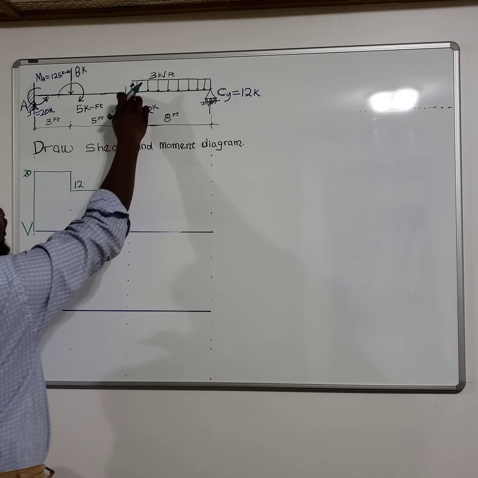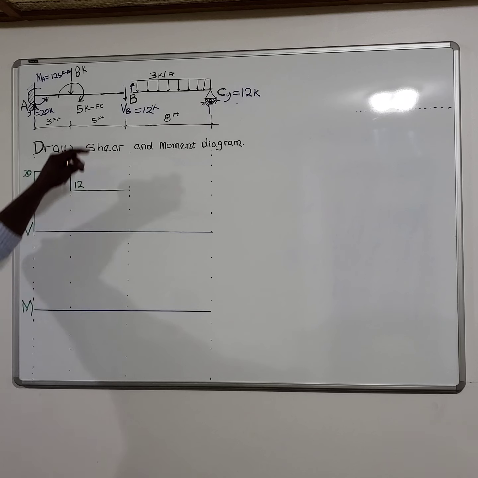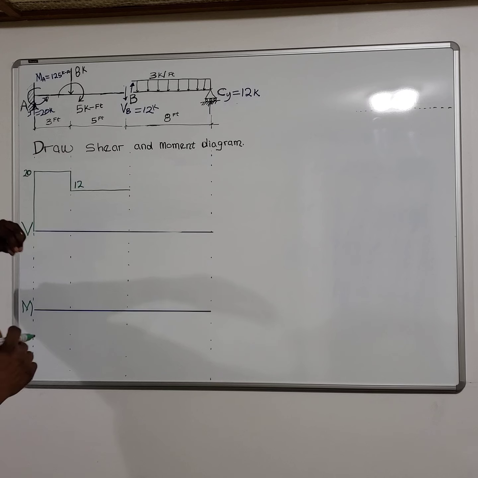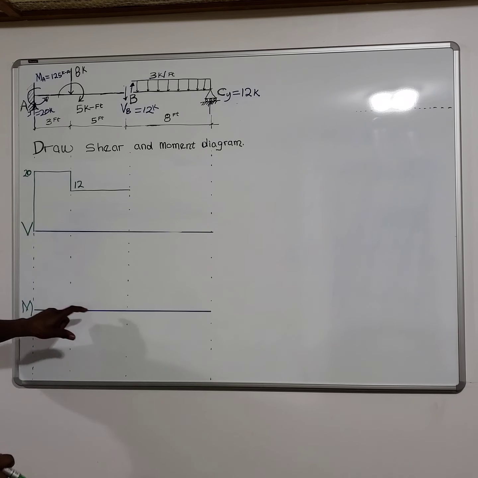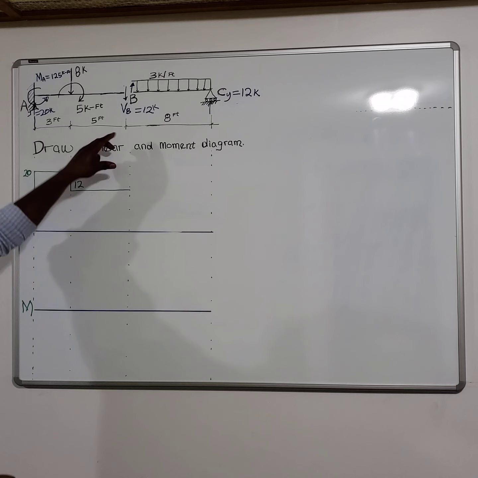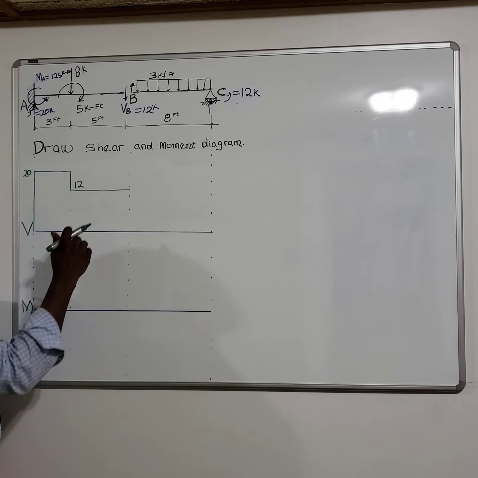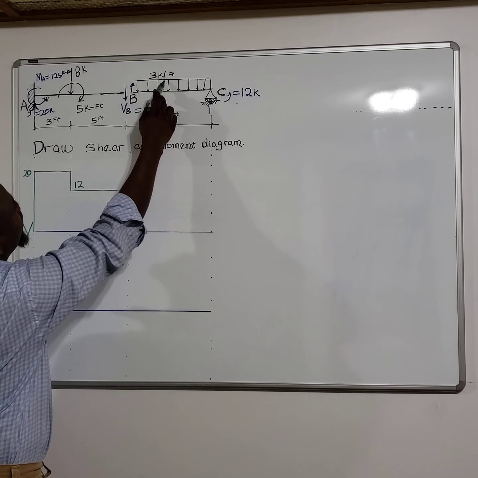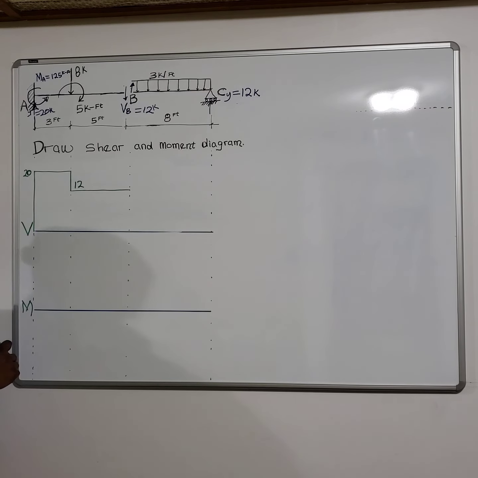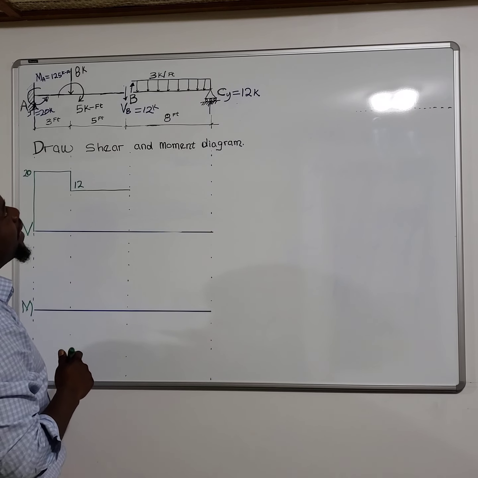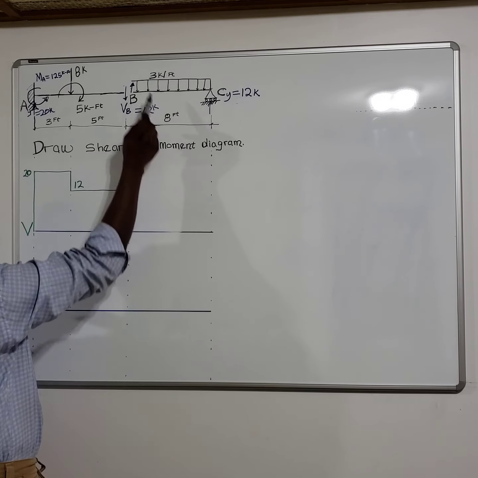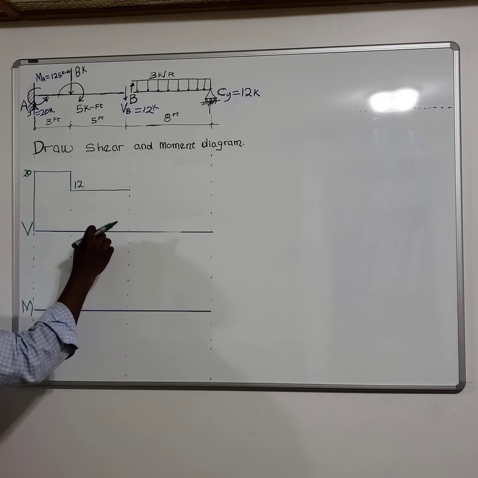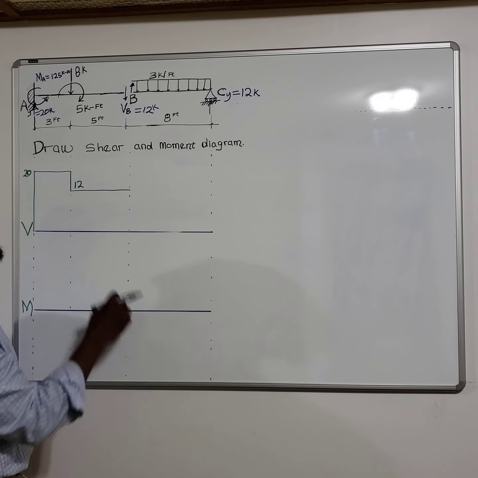When you get here, like I mentioned before, the internal shear here does not show up on your shear diagram. It's internal. It's going to show up a little bit on the moment diagram, but on the shear diagram, not really. From this point, you have this uniformly distributed load, and when you multiply this 3 by this 8, it's 24 kips, and so your curve is going to act linearly.